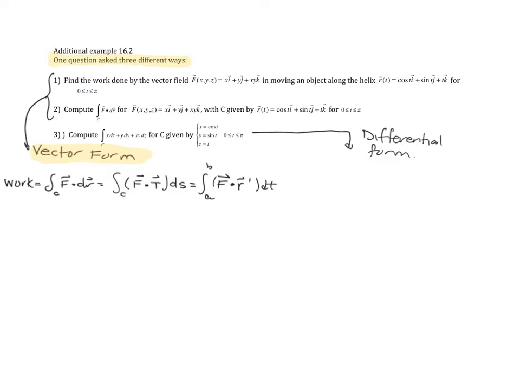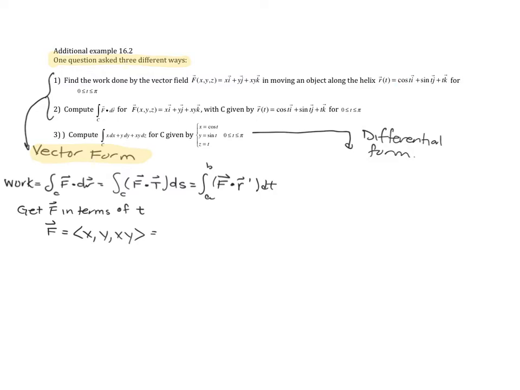So F in terms of t. F is x, y, comma, xy. I tend to write the vectors in this notation instead of ijk. Now I need to get that in terms of t, and I do that by using this curve here.